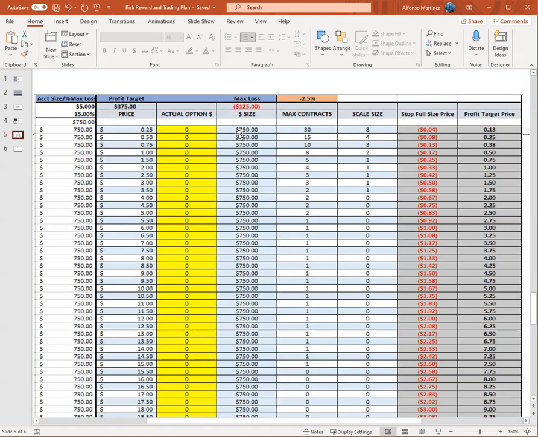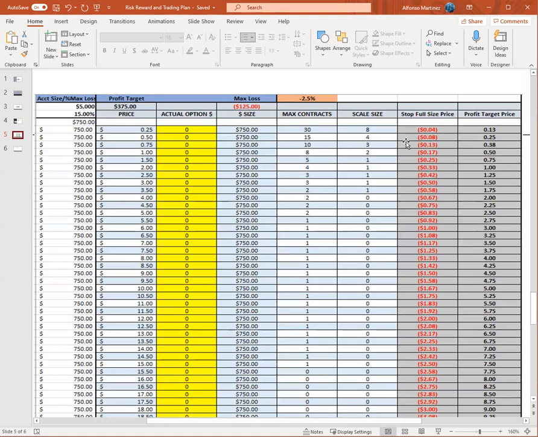So if we start with 1/4, our stop on that 1/4 or 1/2 is going to be $100, not 125. I'll explain a little later what happens when I get to full size or 3/4.